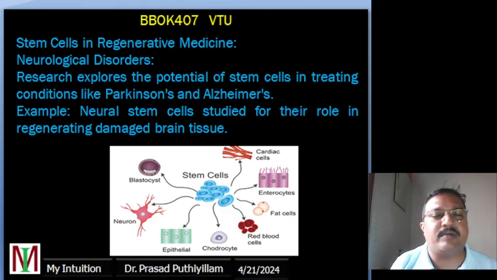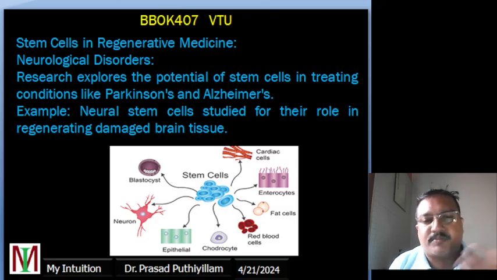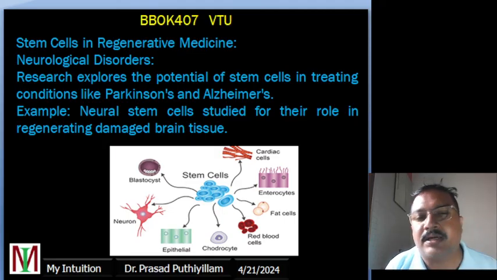By transplanting or by stimulating the growth of neural stem cells, scientists hope to promote the regeneration of new neurons, which could potentially slow down or even reverse the progression of these neurodegenerative diseases.